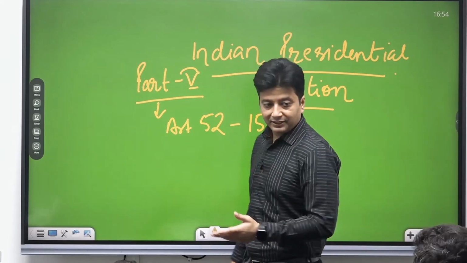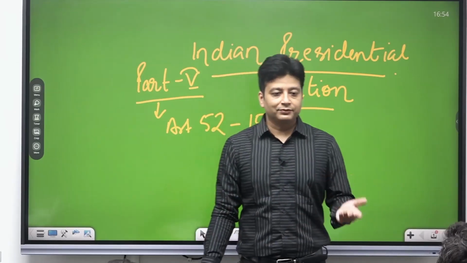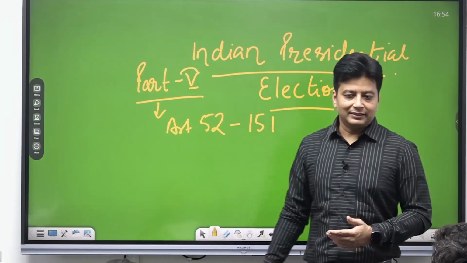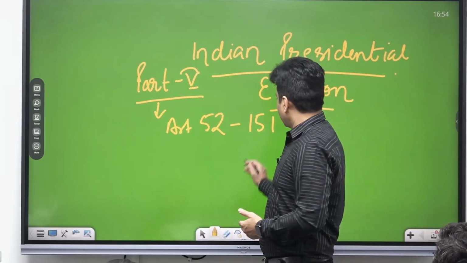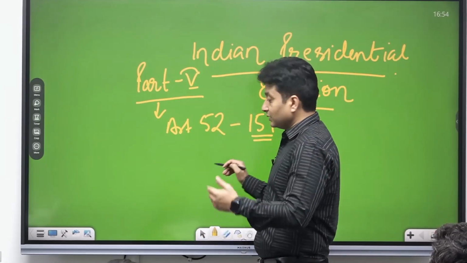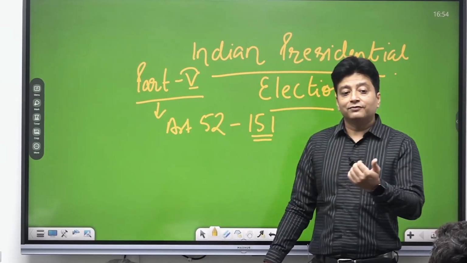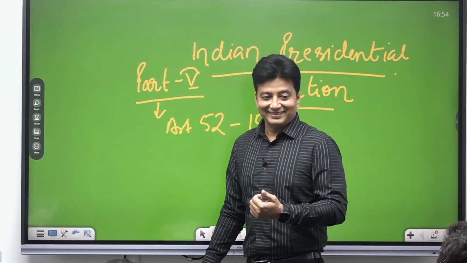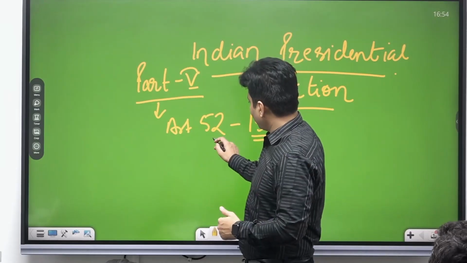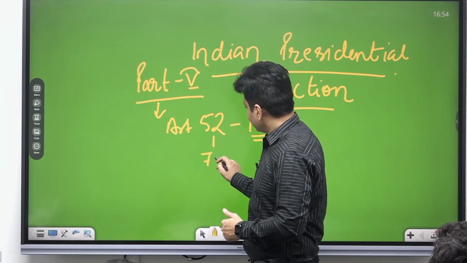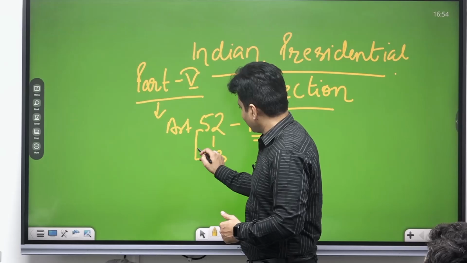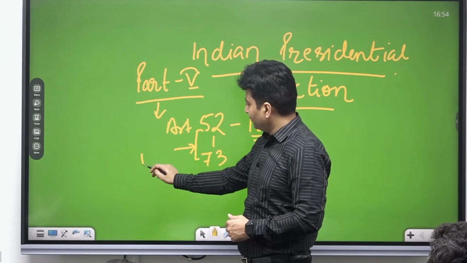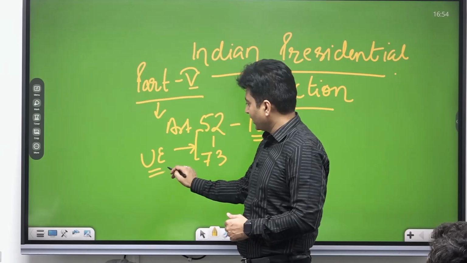Before that, DPSPs are there, and before that fundamental rights, before that citizenship, and before that the union and its territory. Okay. And this part is including the provision for the Supreme Court also in it, that we cannot include. But from Article 52 to 73, this is Chapter 1 of Part 5, and we talk about the union executive here.